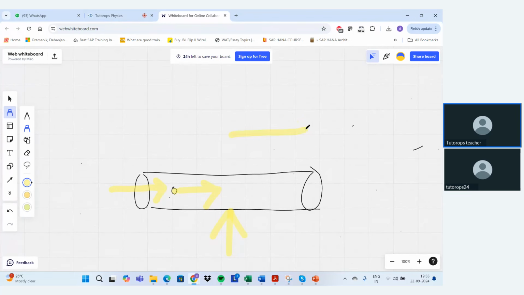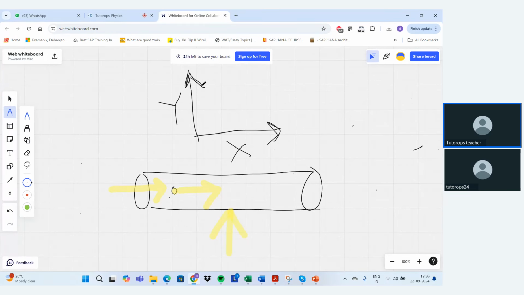One is towards the x-axis. This is my ball, this is the x-axis and this is the y-axis. Here the x-axis is the internal force with which the ball is going, and externally I am giving a force towards the y-axis.